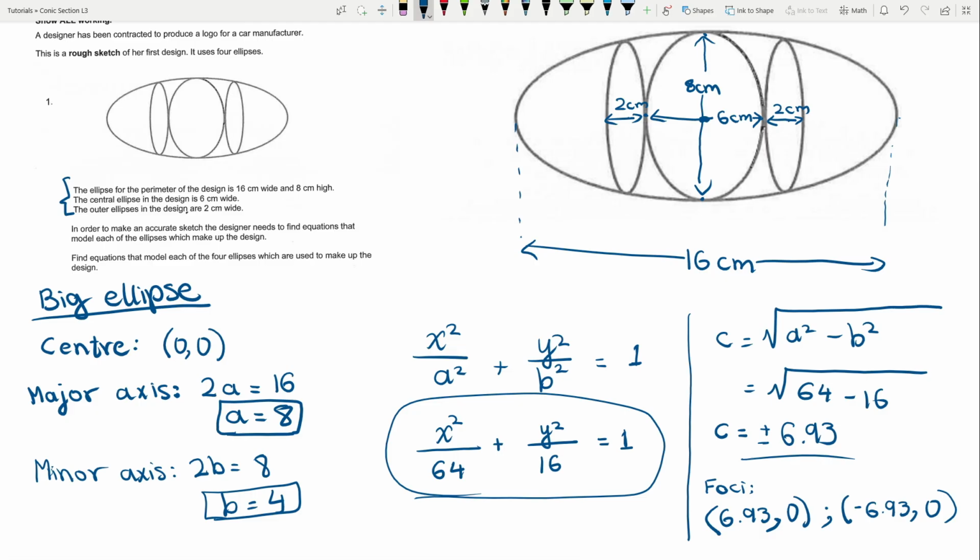So if this is the center and this is A, okay, this is negative A actually, and this is A, right? The foci is anywhere between this space, could be anywhere. Like it could be here, C, right? So by using this formula, we are just finding where about the foci is.